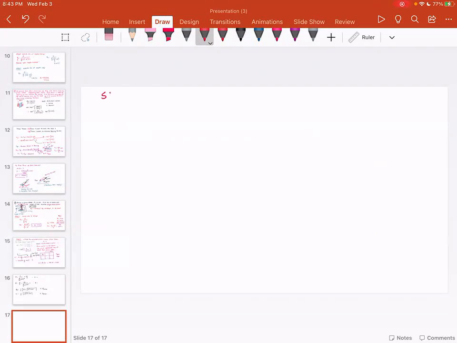Step 2 is length of nut. And for the sake of simplicity, I'm going to assume the same material.